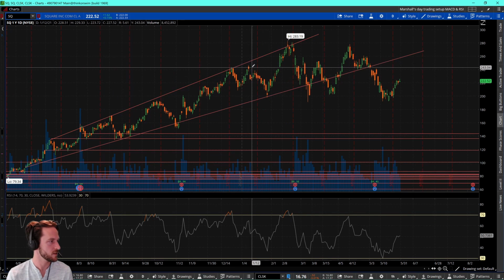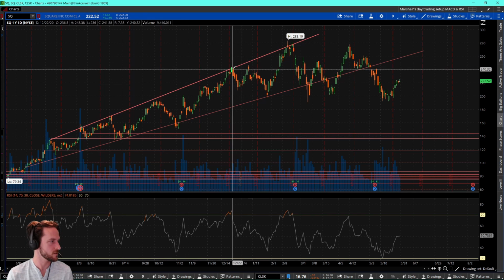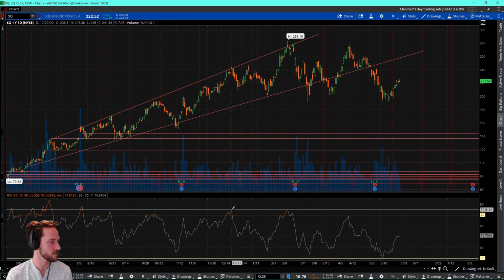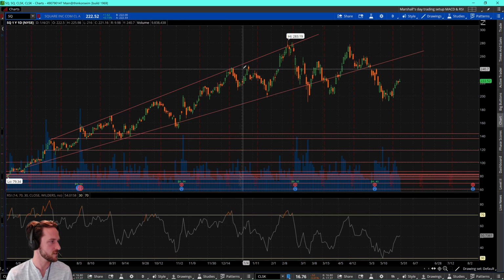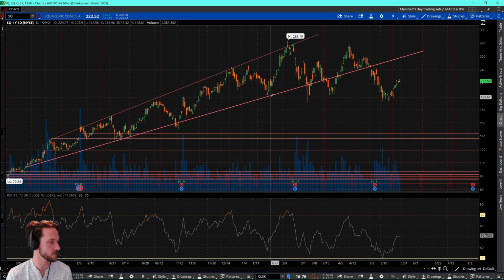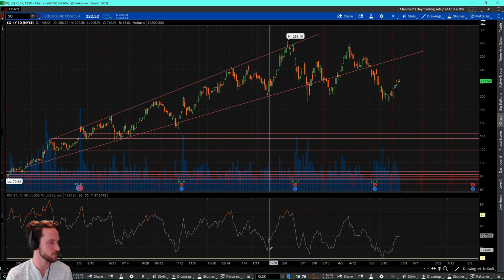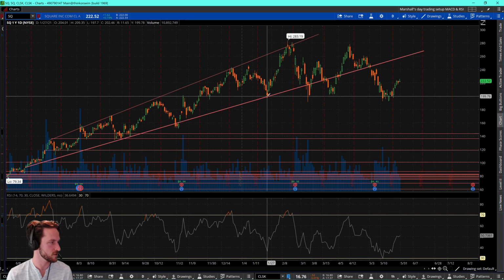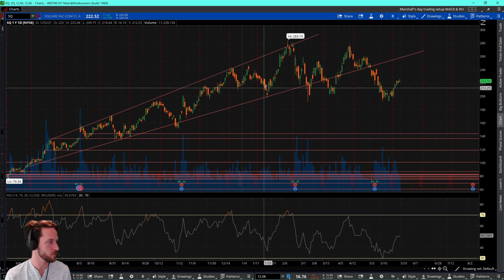So then see, this is where the divergence happens, where it was high up here on the RSI, and then at the same level, price action was much lower, so that's a bearish sign. So then it went all the way back down, and then it went into the 30s down here, right? And if we correlate that with the trend line, that's a pretty good pairing in my view.